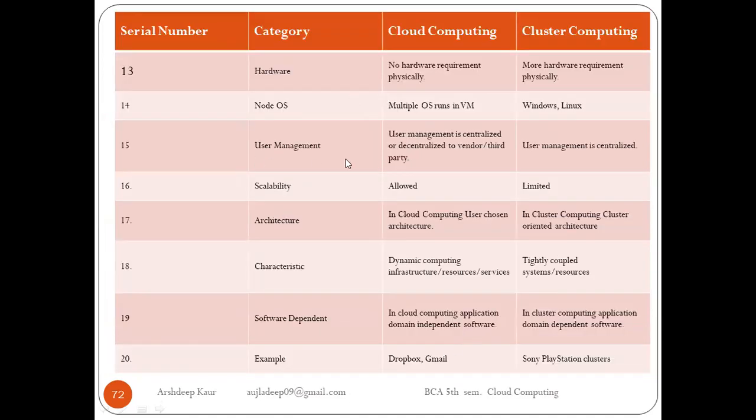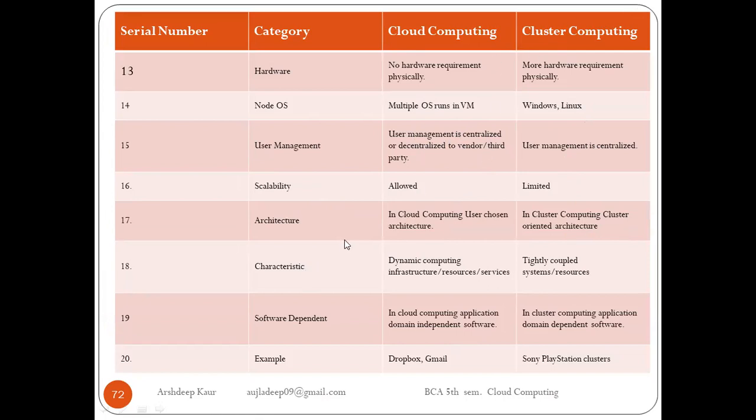User management: in cloud it can be centralized or decentralized. In cluster it is centralized only. Scalability is allowed in a cloud, whereas in cluster we have limited scalability. Architecture: the user can choose their own architecture in cloud. In cluster you have only cluster-oriented architecture.